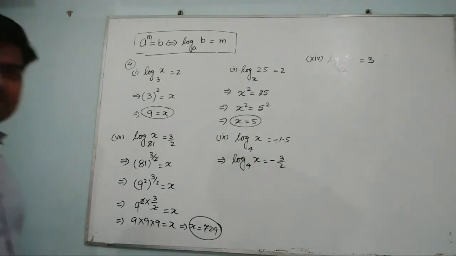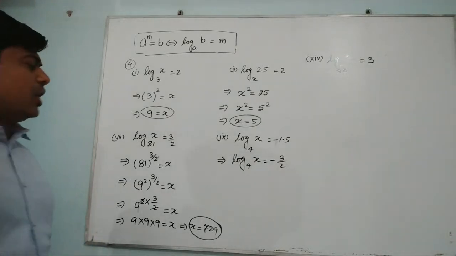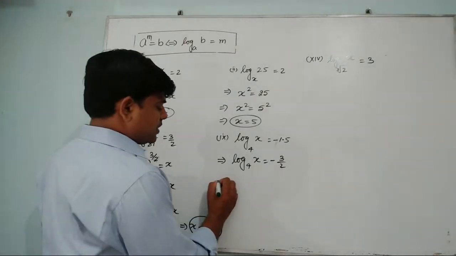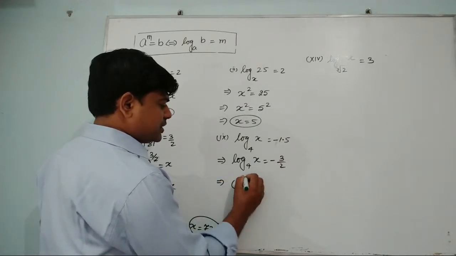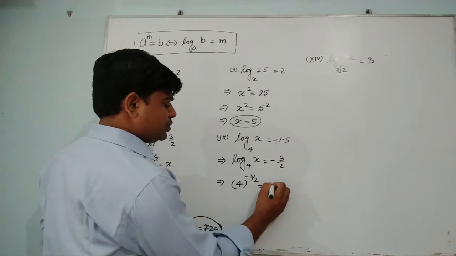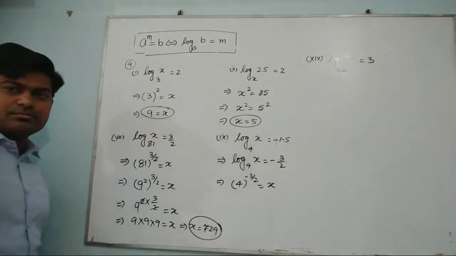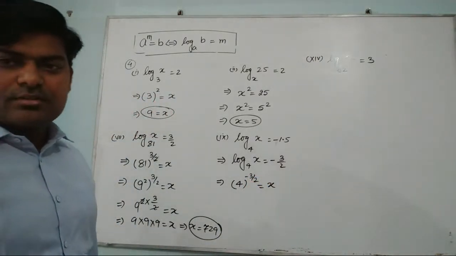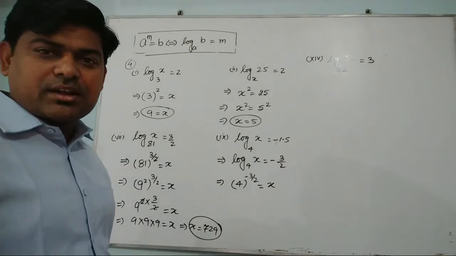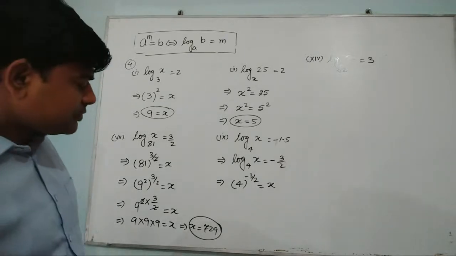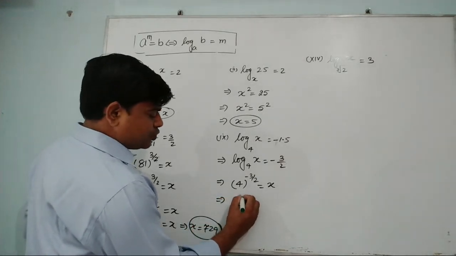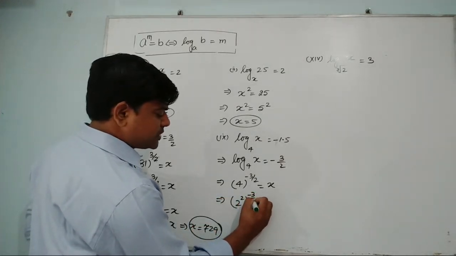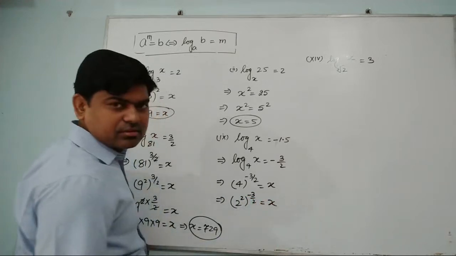Hope you are getting all these things. Now, tell me one thing. It can be written as 4 here as a base, then it is minus 3 upon 2 is equal to x. Can I write or not? Easily I can write. Now, this one can be written as 2 to the power 2 whole to the power minus 3 upon 2 is x.